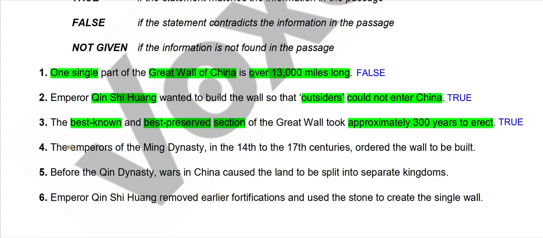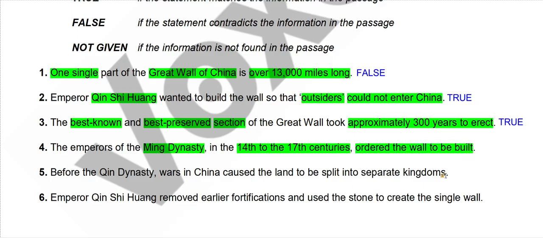Next, fourth: the emperors of the Ming dynasty in the 14th to the 17th century ordered the wall to be built. We have read something about the Ming dynasty, but we have to find out whether they ordered a wall to be built in that particular period.